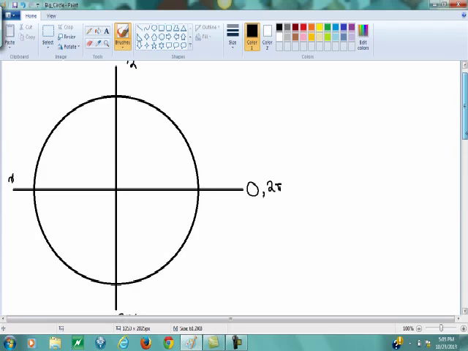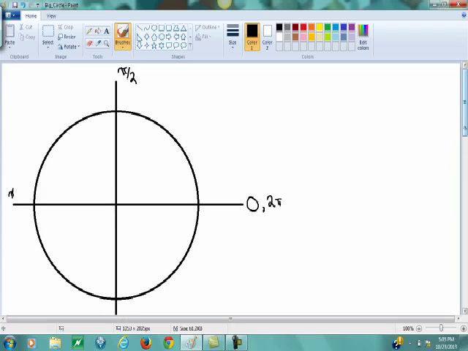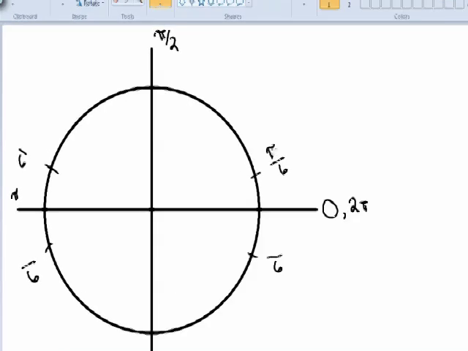Okay, and then the other denominators you need to know are 6, 4, and 3. And I mentioned before the 6's are close to the x. So in each quadrant, the angle closest to the x is going to have a 6 in the denominator. So you just have to figure out what goes in the numerator. Well, this is the very first one, so it's just pi over 6.